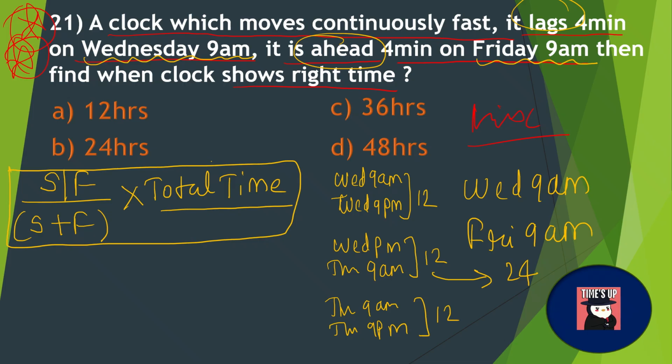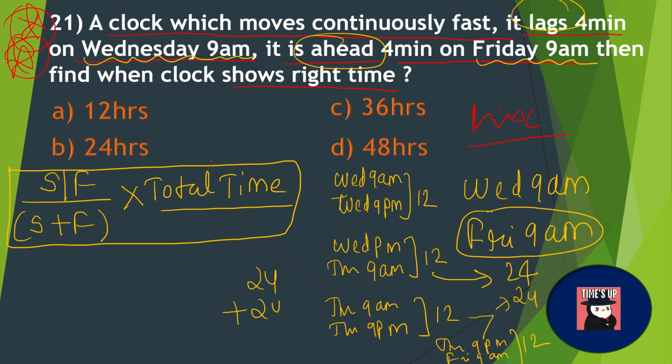Now we want till Friday 9 a.m. So Thursday 9 p.m. to Friday 9 a.m. it will be again 12 hours completed. So again you will have 24.